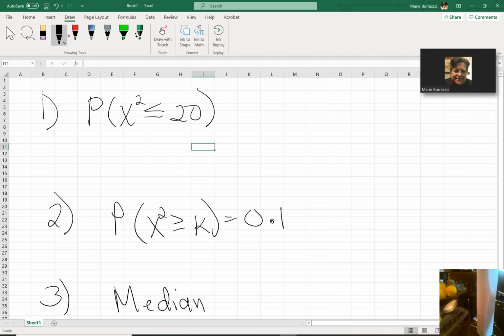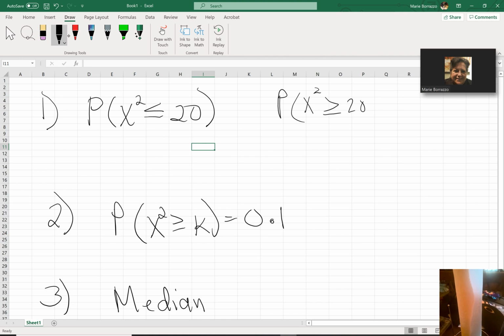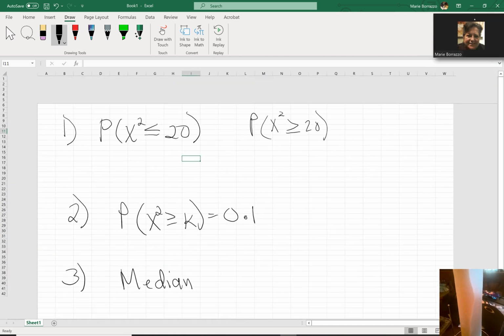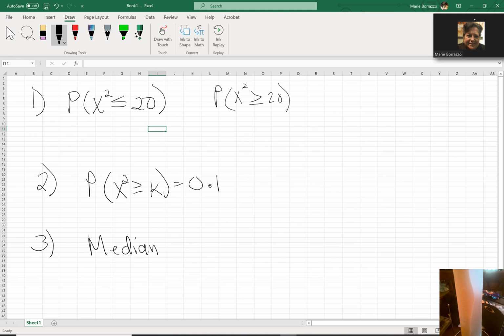There's another type here where you can also have P where chi-square is greater than or equal to 20. And we also have another one where they give you two extremes. They say to you, for example, P of 6 is less than or equal to chi-square is less than or equal to, say, 13 as an example.